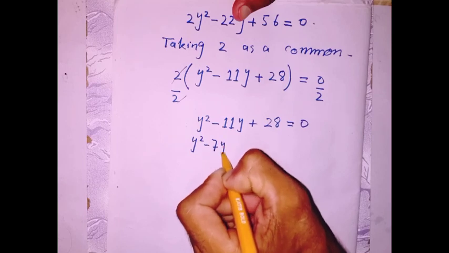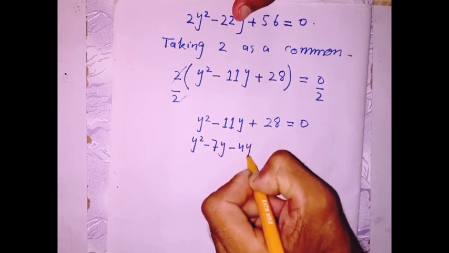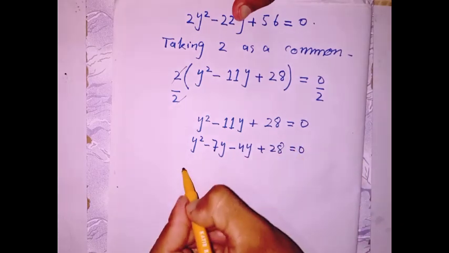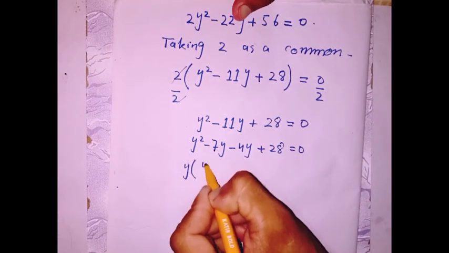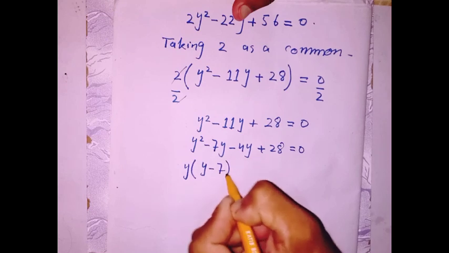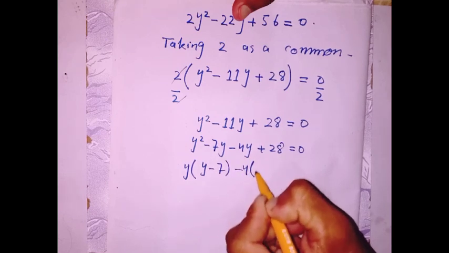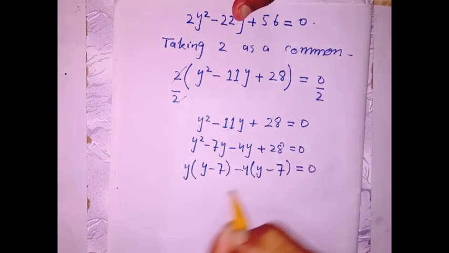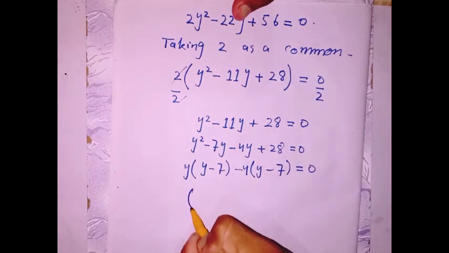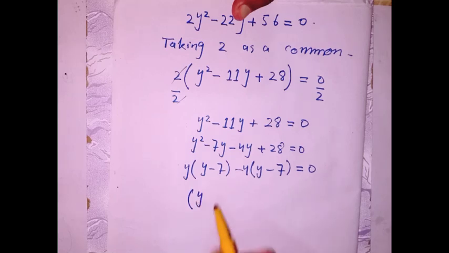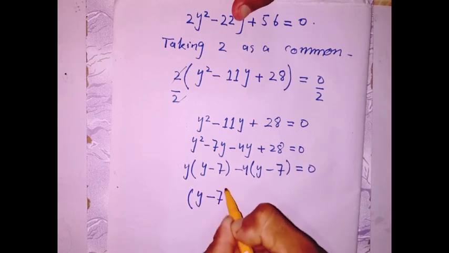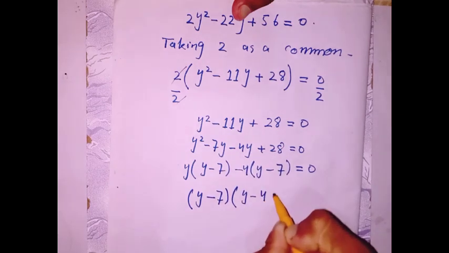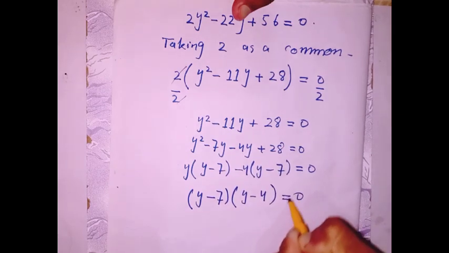So y square minus 7y minus 4y plus 28 is equal to 0. From the first two terms, if we take y as common, we get y minus 7. And from the second two terms, if we take minus 4 as common, we get y minus 4. So (y minus 7) into (y minus 4) is equal to 0.